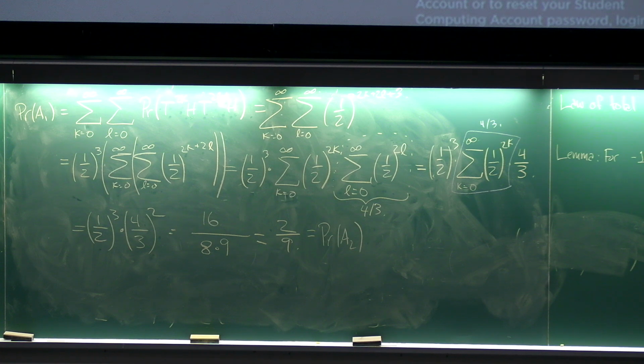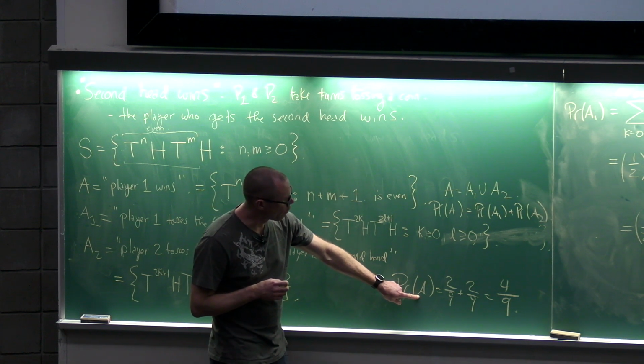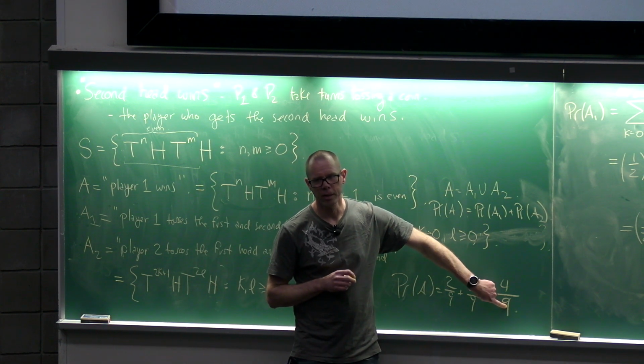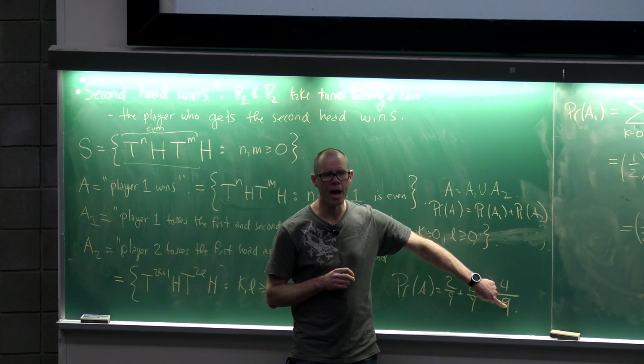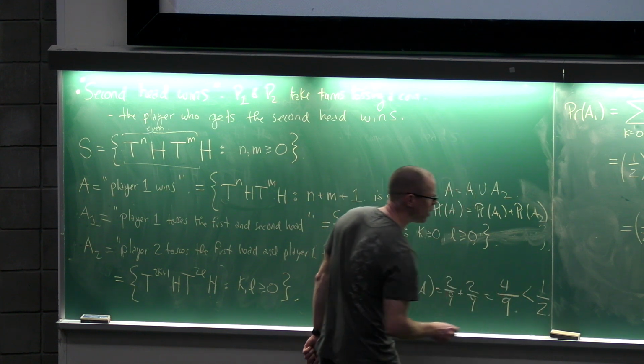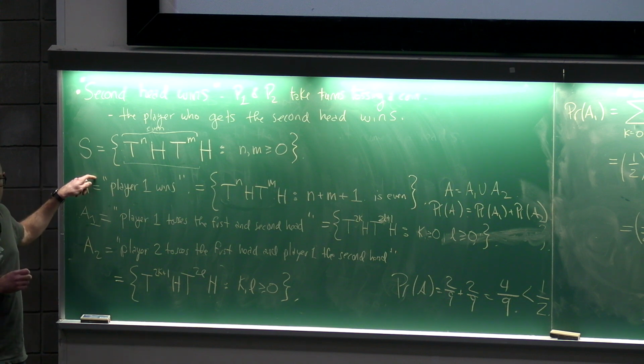And in this game, the probability of A is the probability that the first player wins. It's only 4/9. 4.5/9 would be a half. So this is less than a half. So in the second head wins game, player 2 actually has the advantage.